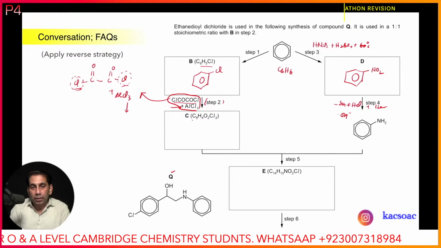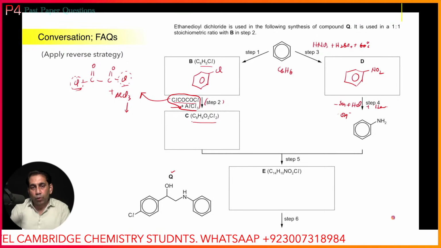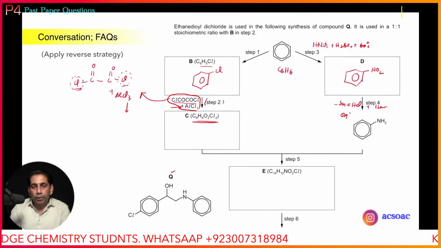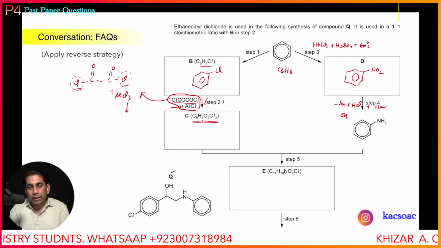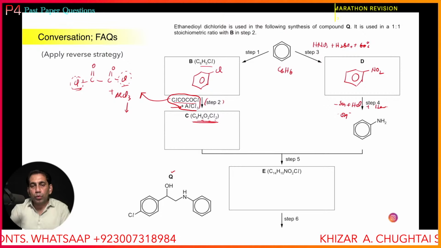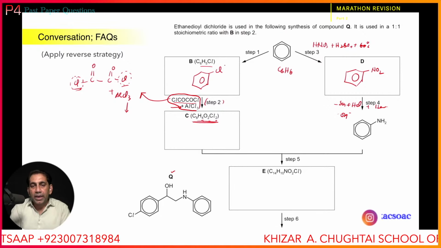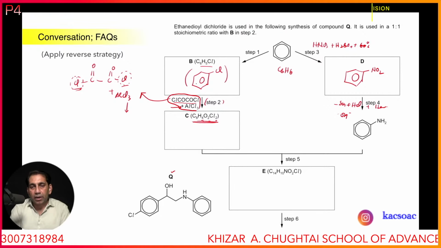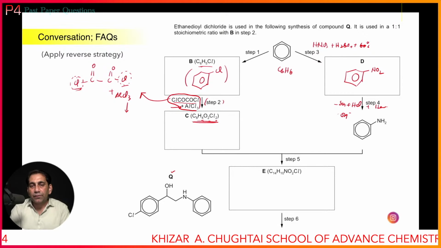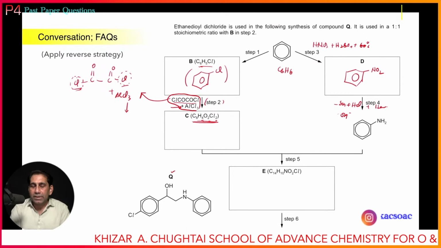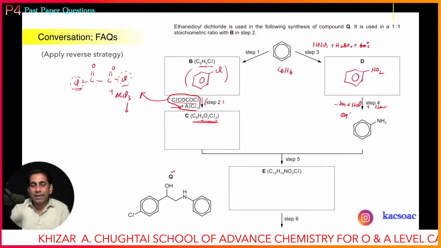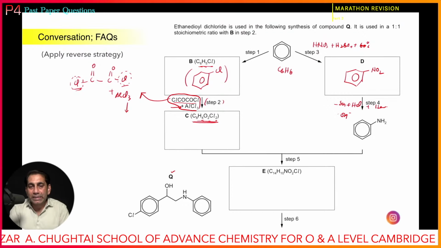Now, what is the final compound that is supposed to be formed over here? That is C. So I'm going to check it. C8H4O2Cl2. Initially, as you have seen, we are starting from B. It's having C6H5Cl. So what is the difference between B and C?